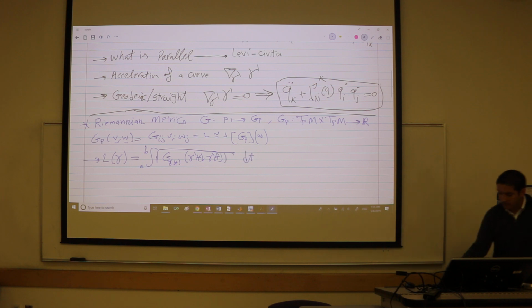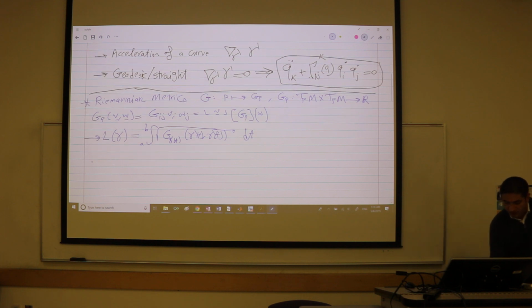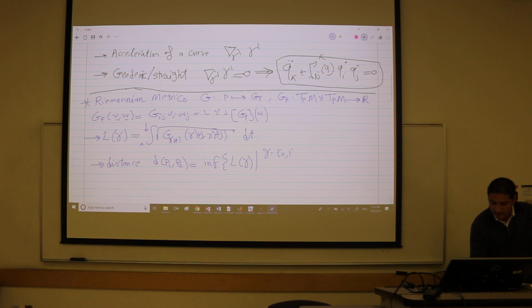So this is the length of the curve, from which we defined what we mean by the distance. We can now measure distance between points on the manifold. So the distance between two points P1 and P2 is the infimum of the lengths of all curves connecting the two points. So the infimum of the length of gamma, such that gamma maps [0,1] to the manifold, and gamma of 0 is the first point, gamma of 1 is the second point.